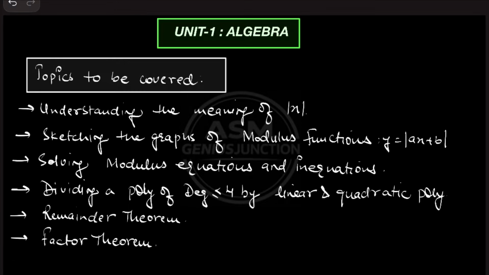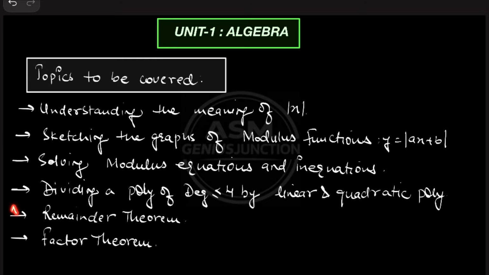Let's start with Unit 1 Algebra. The overall unit topics are understanding the meaning of the modulus function, sketching the graph of the modulus function y equals mod x, solving modulus equations and inequations, dividing a polynomial of degree less than or equal to 4 by a linear or a quadratic polynomial.